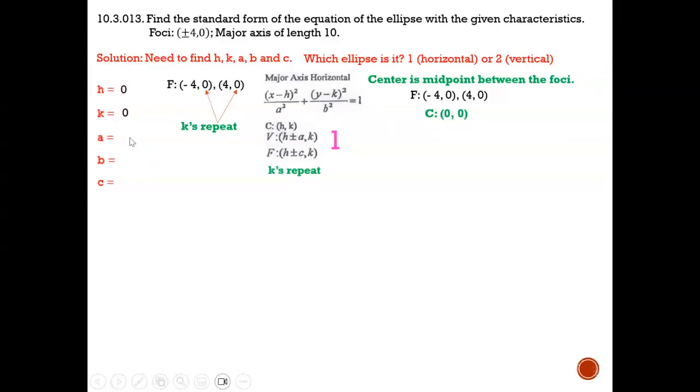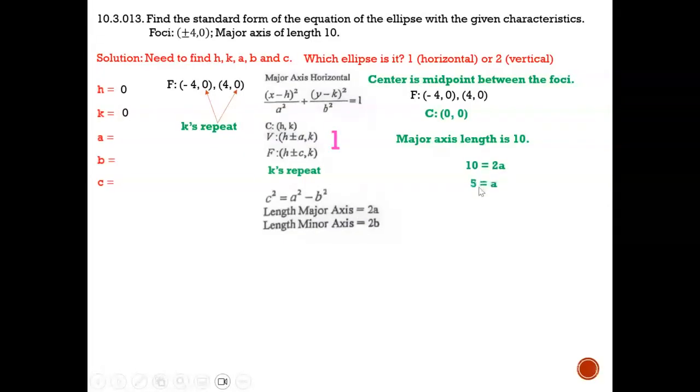Which means my h will also be 0. Now, the major axis is 10, which means 2a is equal to 10, according to the formula. So a equals 5. I got my a. My a is 5.